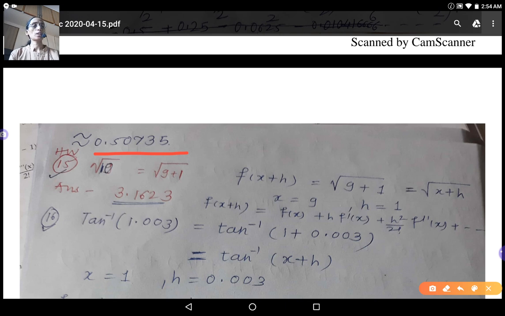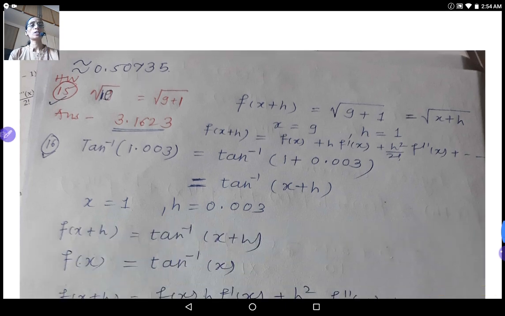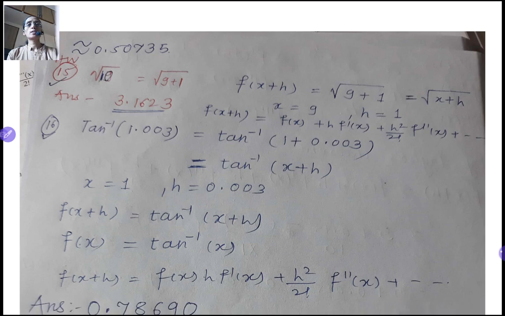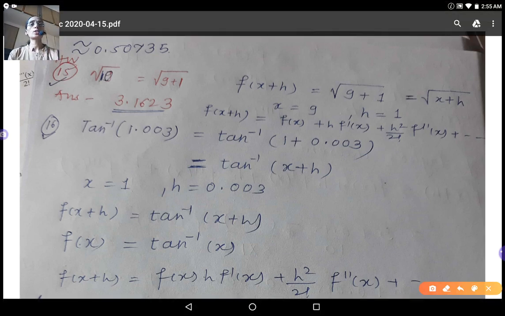Two examples I have written for your homework, and some hints are also given for them. Just see the examples. The first example is root 10. One example was solved here for root 25.15, like this. So here is root 10. How will you solve this example?